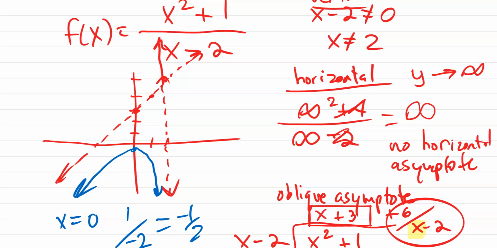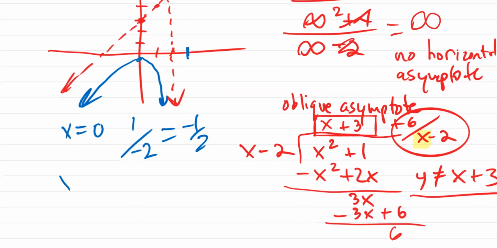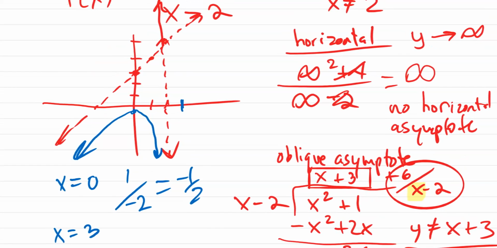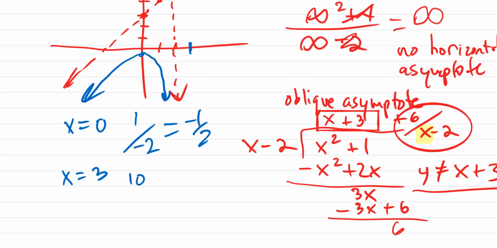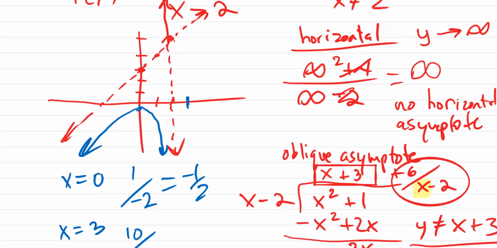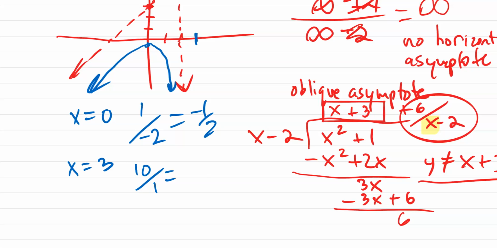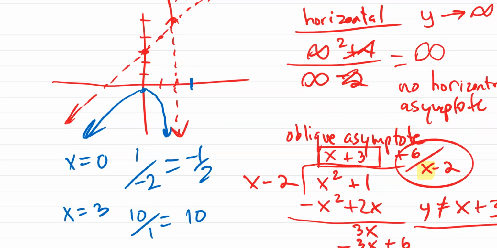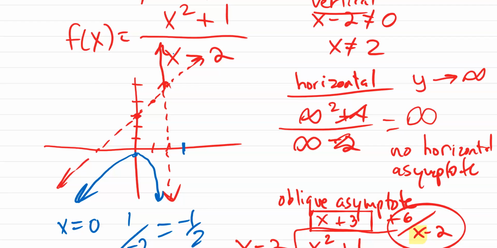I've done enough of these, I know the behavior, but you could have made a mistake, so I'm going to check x equals 3. On the top, 3 squared is 9 plus 1 is 10. On the bottom, 3 minus 2 is 1. So we got the point 3, 10. Way up here at 10, that tells us the graph is up in this region.